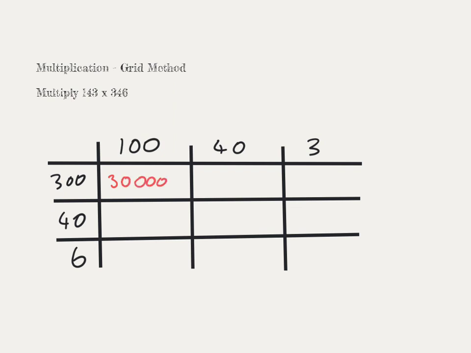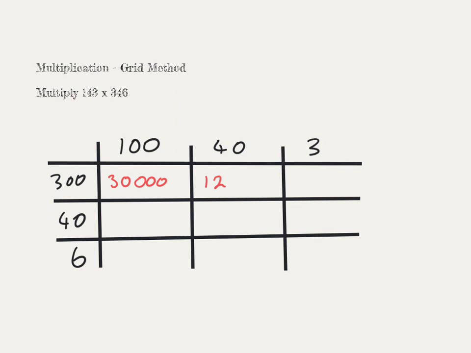300 times 40, 3 times 4 is 12. 120, 1,200, 12,000.